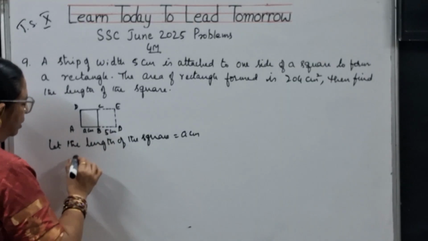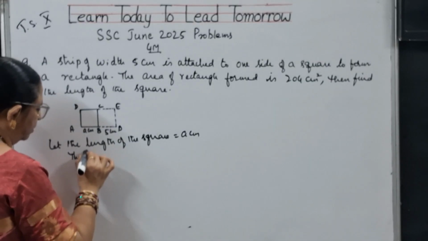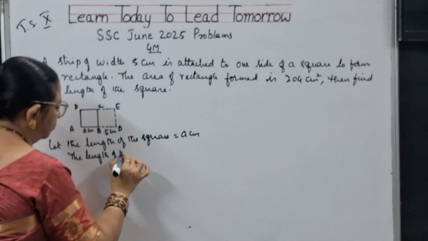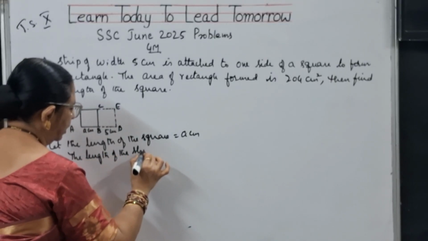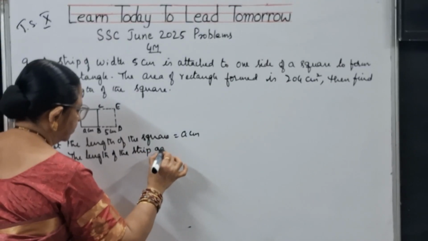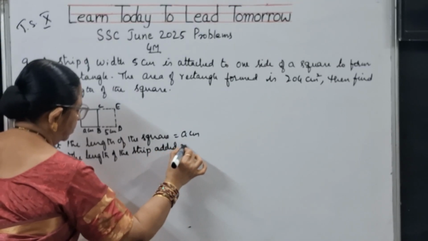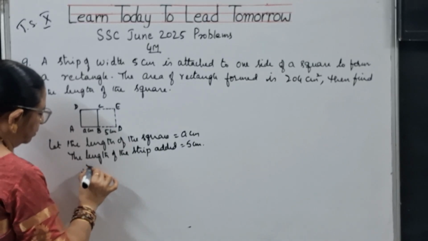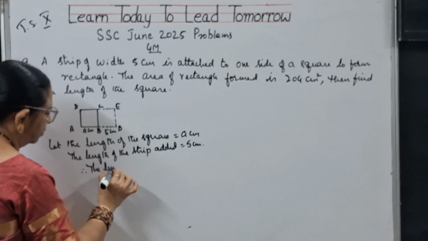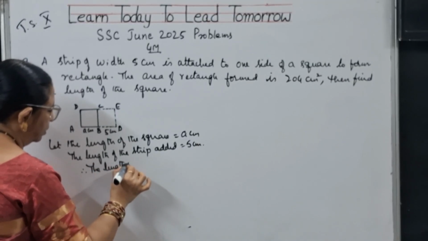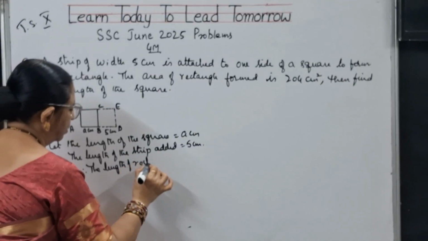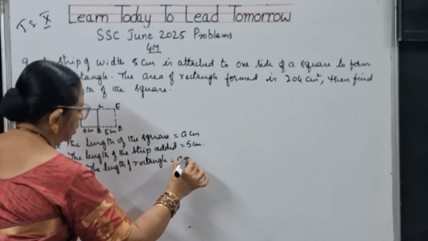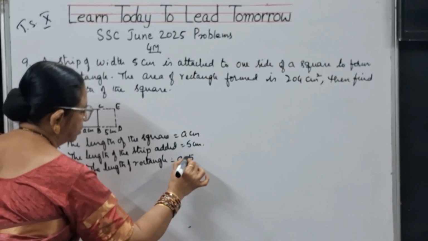So now the length of the strip added is 5 centimeters. Therefore, what will be the length of the rectangle? It is A plus 5 centimeters.